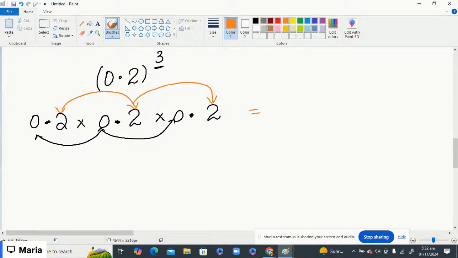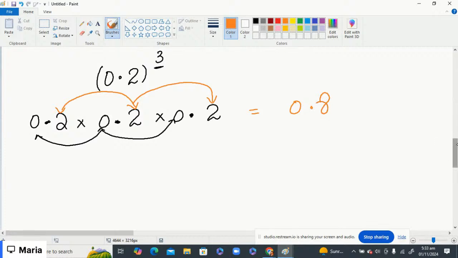Someone told me it's 0.8. So everyone tell me, is it right or wrong? Yes, everyone think about it. Very good. It's the right answer. That is 0.8. Very well done.